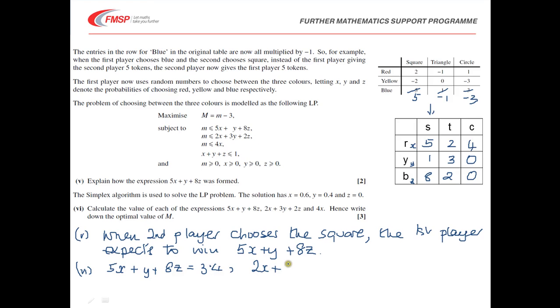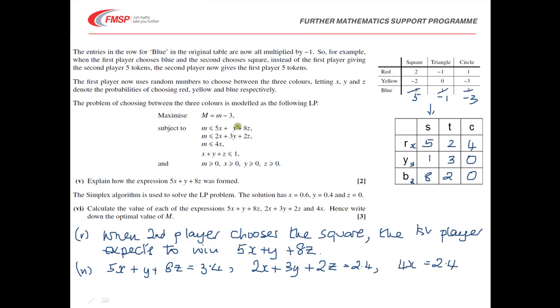So 2x plus 3y plus 2z will be 2.4, and 4x, 4 times 0.6, again will also be 2.4.